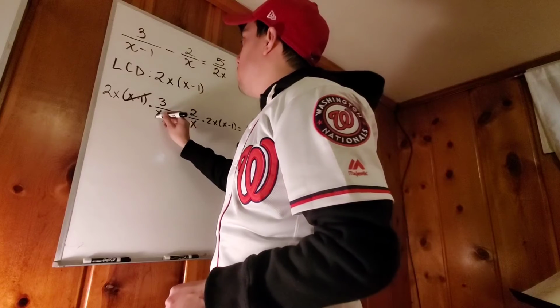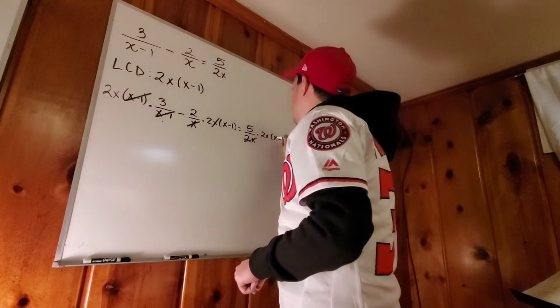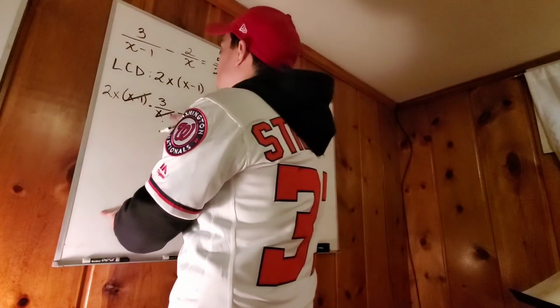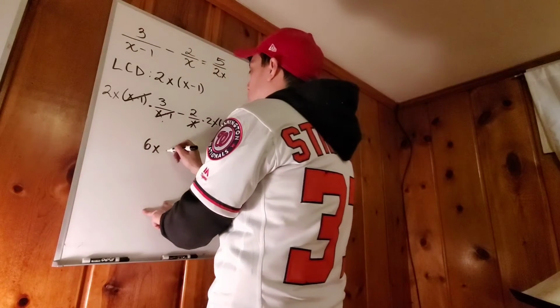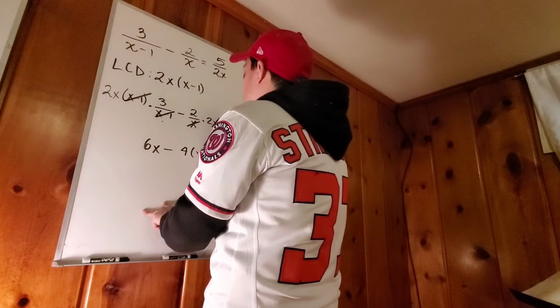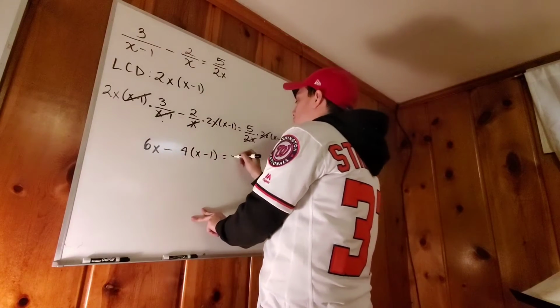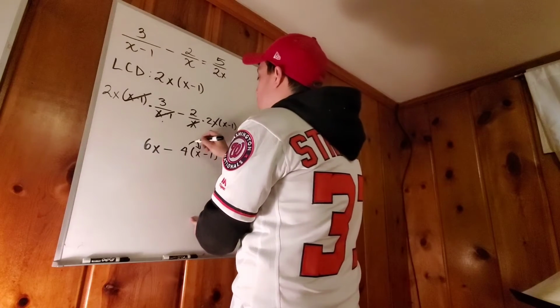We're going to cancel out the denominators of some of these things with the step that we have here. So what are we left with? 3x times 2, which is 6x. Look at that. Makes it a lot simpler. Minus 2 times 2 is 4, 4x minus 1 equals 5 times x minus 1. Then we're going to distribute the 4.